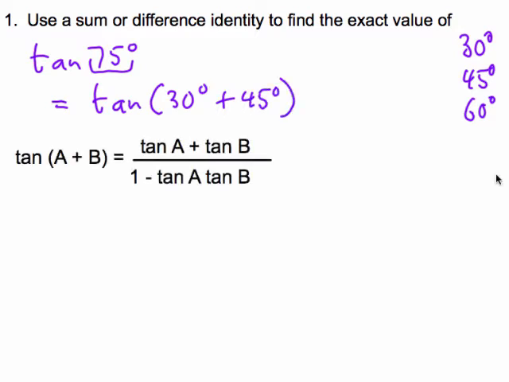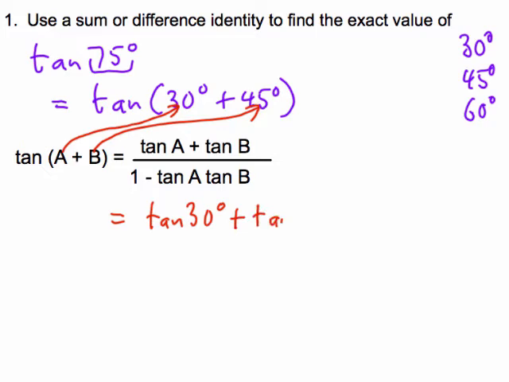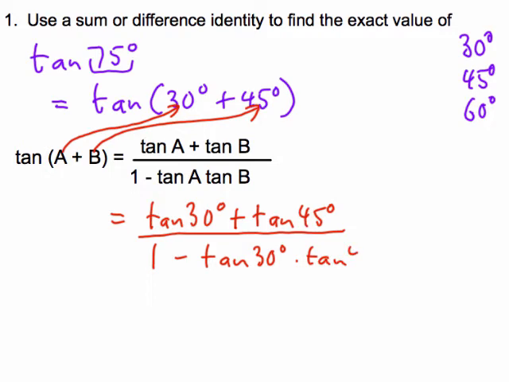Now I'm going to bring my tangent A plus B identity in, copy it from the last page, and I'm going to substitute 30 degrees for A and 45 degrees for B into the right side. So this would be the tangent of 30 degrees plus the tangent of 45 degrees, divided by 1 minus the tangent of 30 degrees times the tangent of 45 degrees.